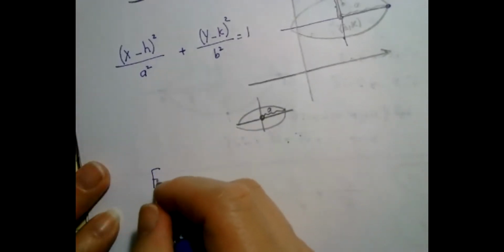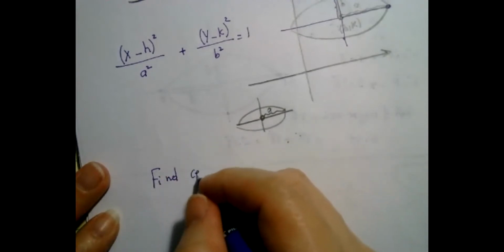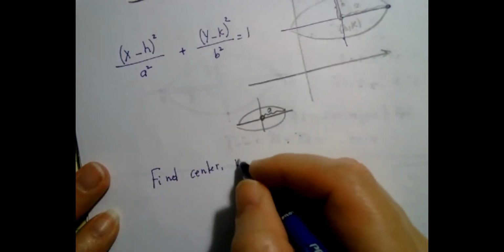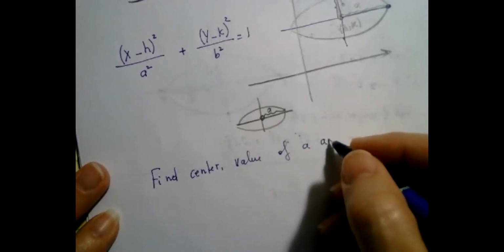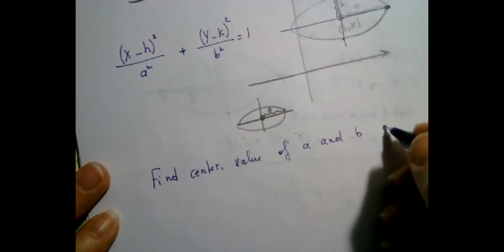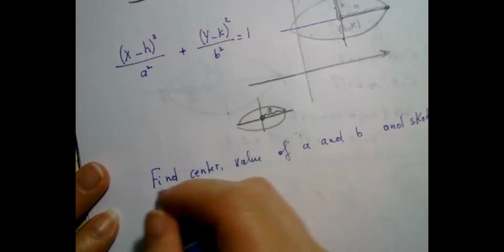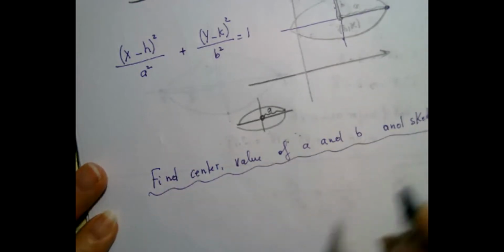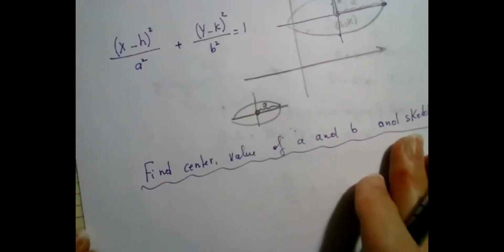So this is my question to you. Find the center, find the values of A and B, and sketch. The goal now is like we did last time, but we're just moving the center. We're kind of shifting this ellipse a little bit.